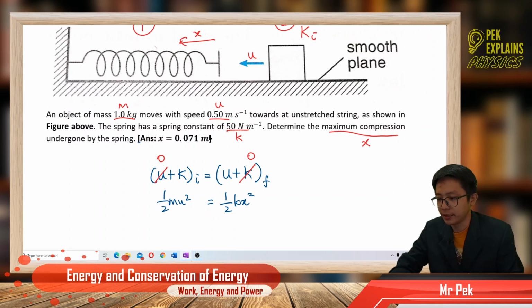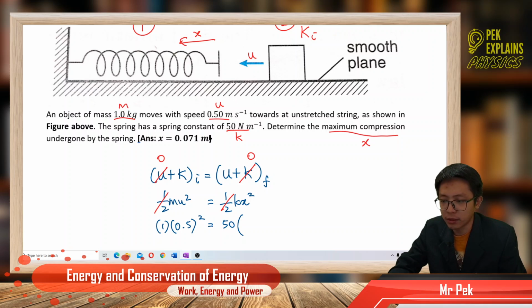Then let us substitute all the information. The half is already cancelled off. Now we have the mass 1 kilogram and the velocity 0.5 squared, and then spring constant is 50, and the maximum compression, we want to find the compression, isn't it?